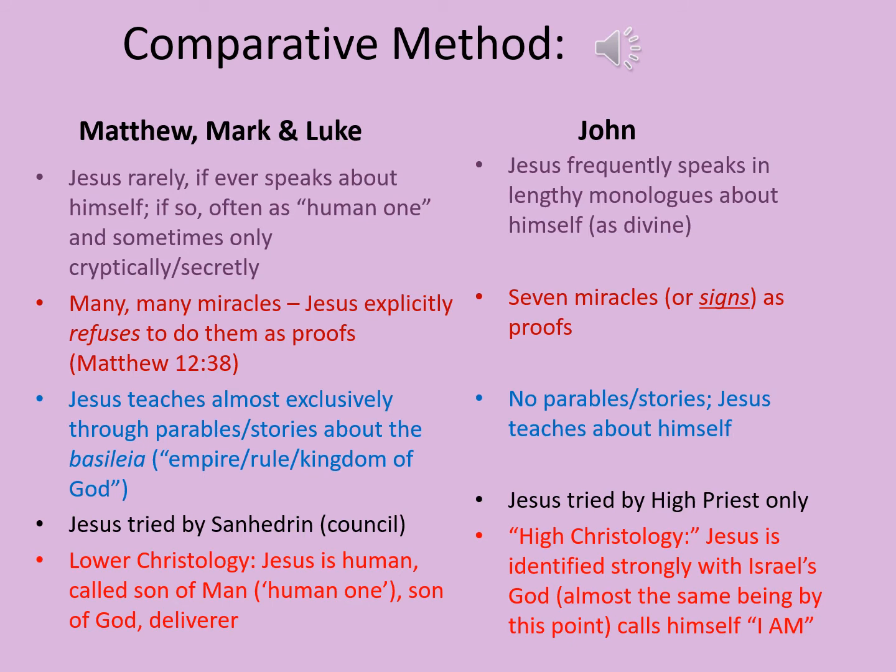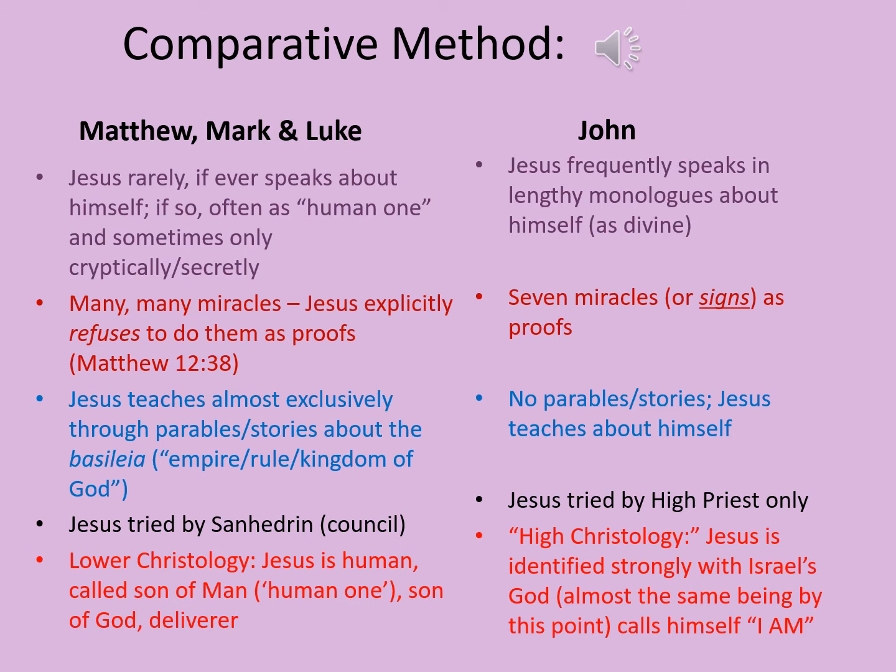So in the Synoptics, having a lower Christology means that Jesus, on the spectrum from divine to human, is very human. He does have special titles, such as Son of God, Deliverer, and Son of Man, but those are all titles that are being used around the audience for humans and have been used in Israel's past as titles for humans. Whereas in John, Jesus is really strongly identified with Israel's God.